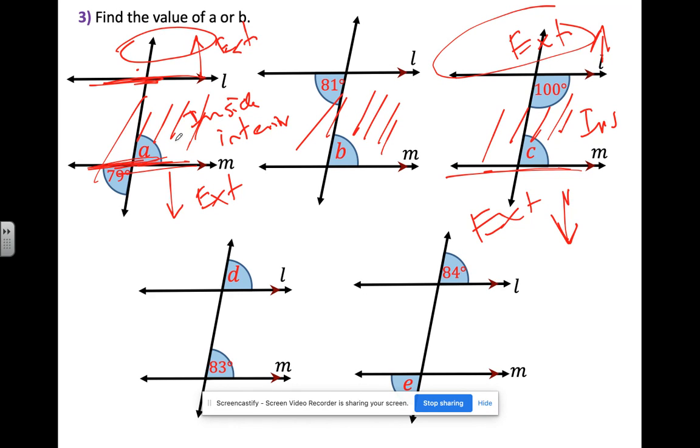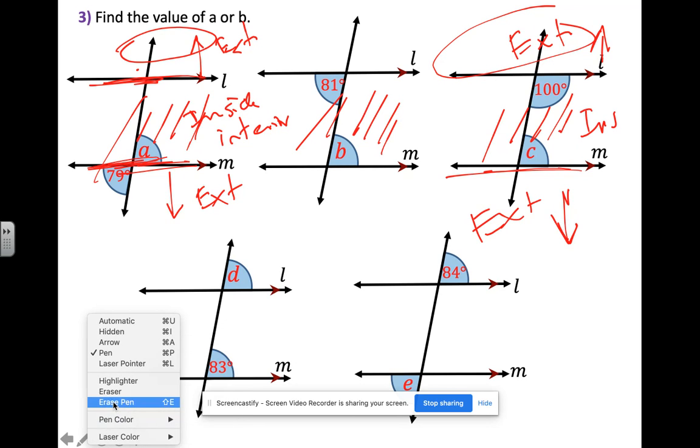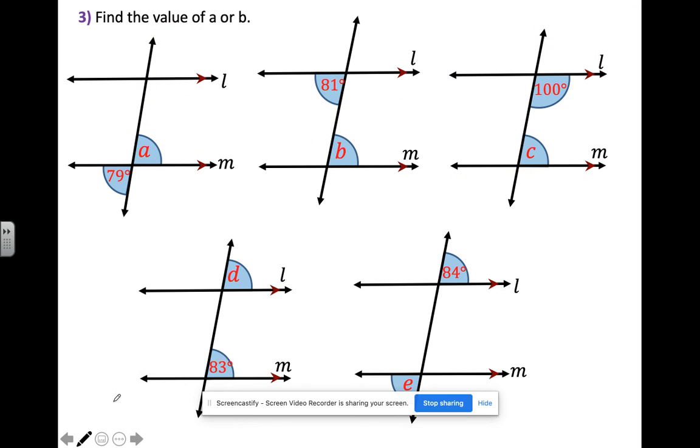Now, one more thing is, if the angles are on the same side, they're called same side. So this is my transversal. For example, here, this is my transversal, and 100 and C are on the same side. You see that? So the transversal has two sides.